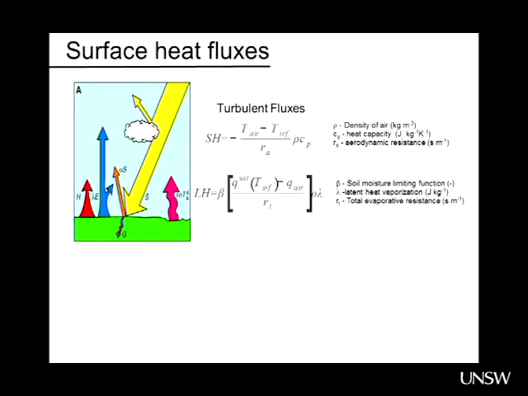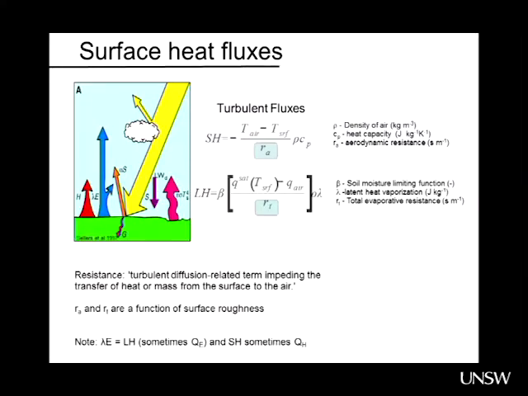And that contrasts with the latent heat flux, which is basically a humidity gradient. So temperature, humidity gradient, again, an efficiency term or a resistance term, and how wet the surface is. So sensible heat is about a transfer of heat in the form of energy. Latent is also a transfer of water.